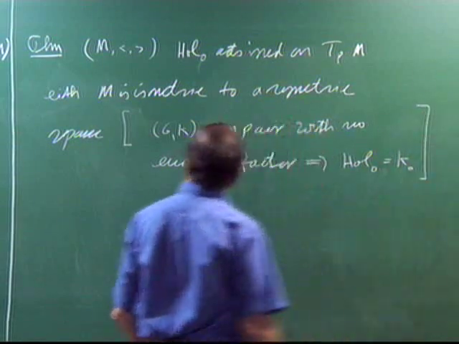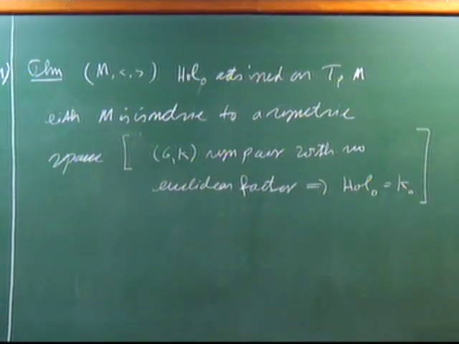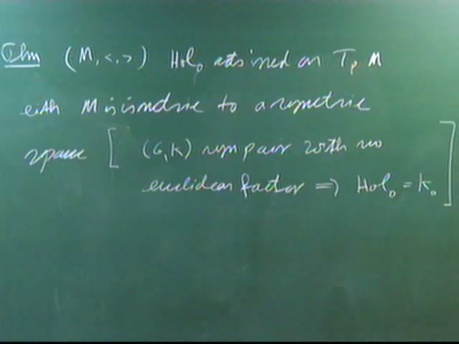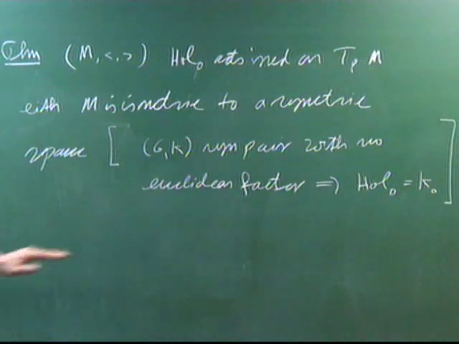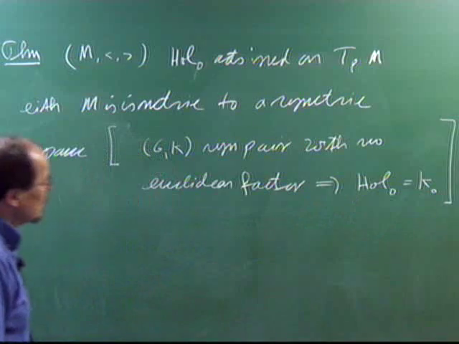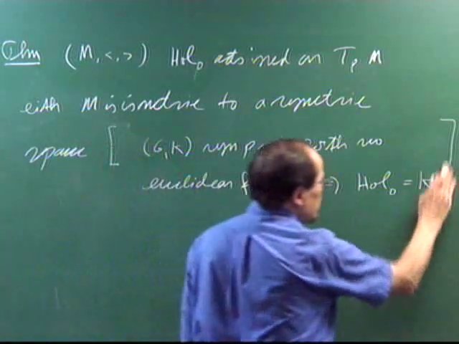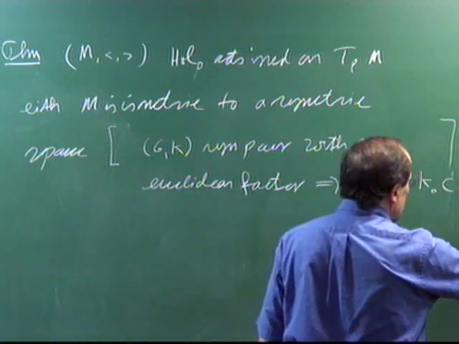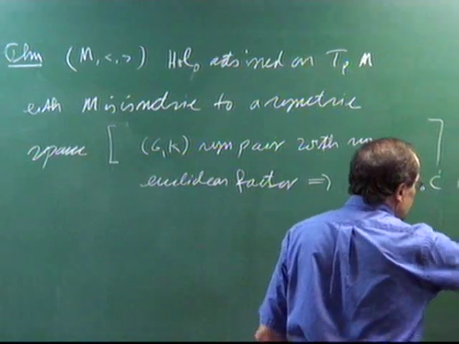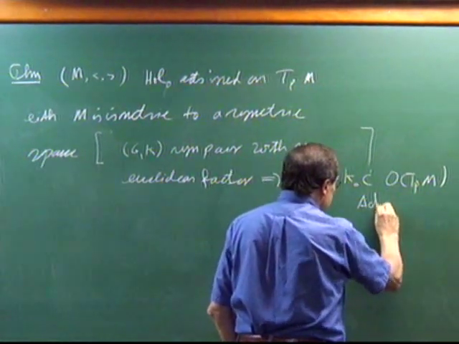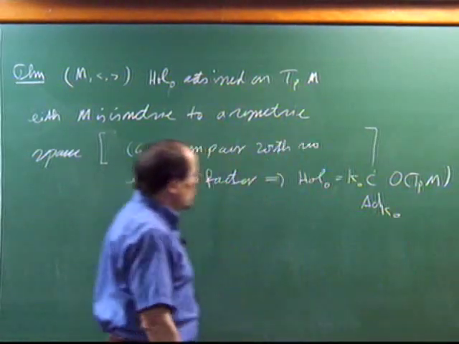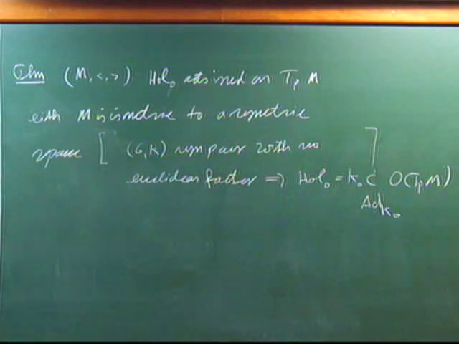So not only do I know that the manifold is isometric to a symmetric space in the usual sense, I also know what the holonomy group is. The holonomy group is K_0. And the embedding into the orthogonal group of T_pM was via the adjoint of K_0. So the isotropy representation of the homogeneous space. So these we know pretty well now.